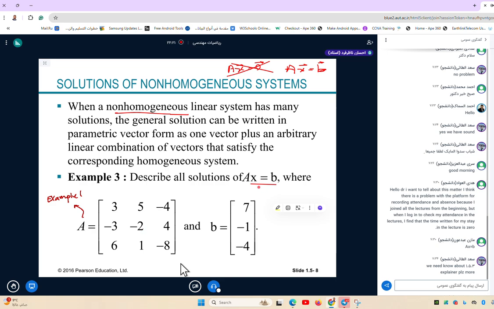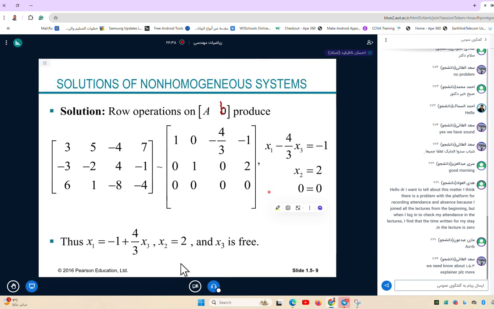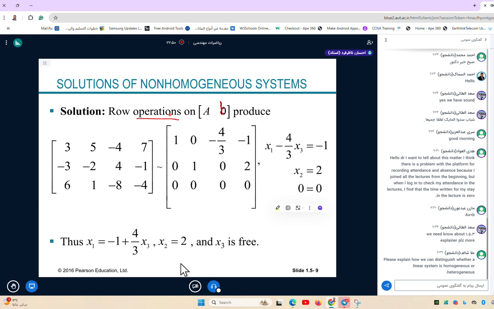So we are supposed to solve this equation, Ax equals b, and find the values for x. Again, you need to be very confident doing row operations.